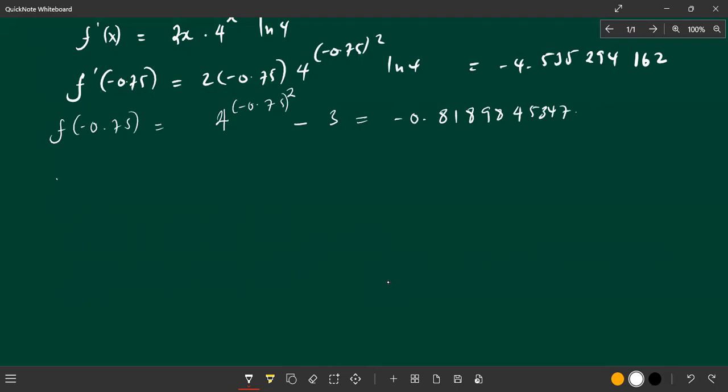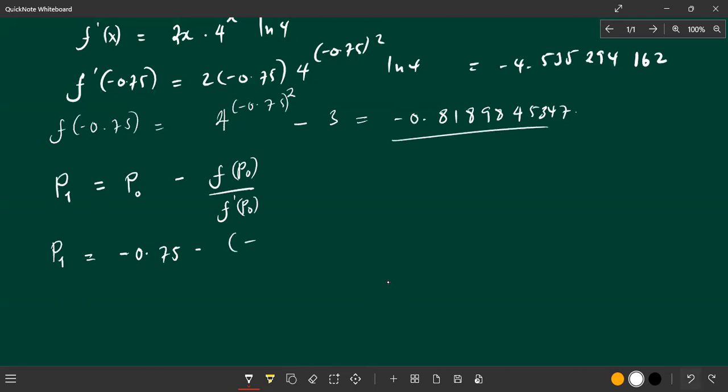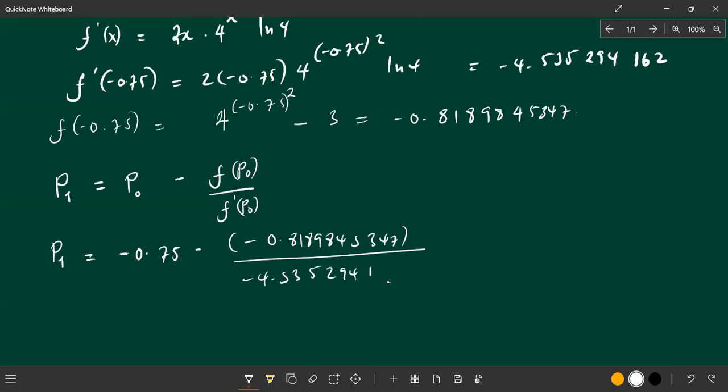So now we can find our first iteration. P1 will be equal to P0 minus f of P0 divided by f prime of P0. Our P0 is negative 0.75, minus f of P0, which is negative 0.8189845347, divided by f prime of P0, negative 4.535294162.